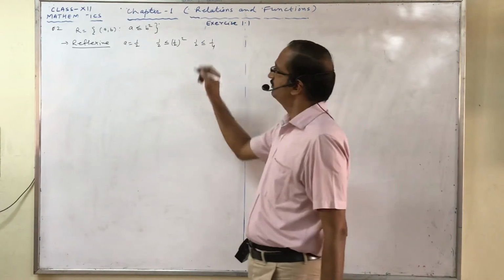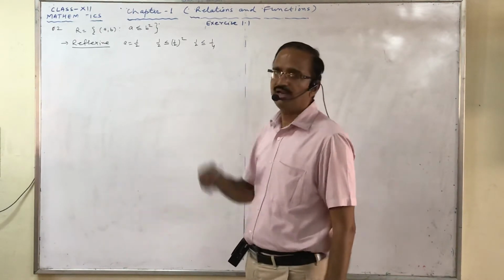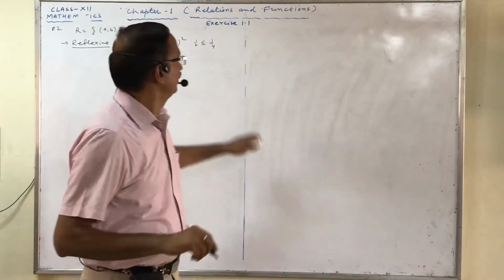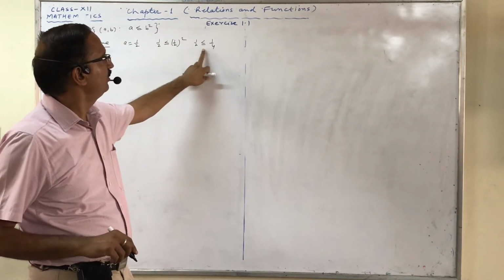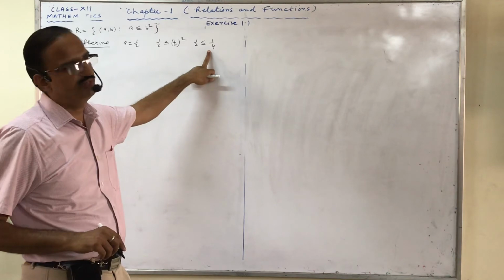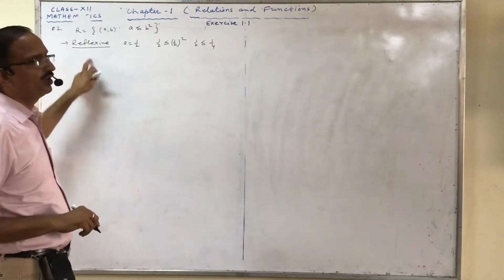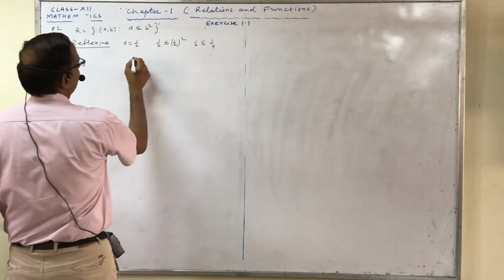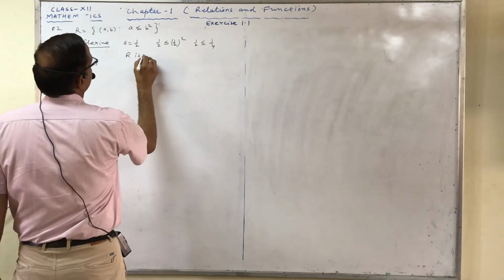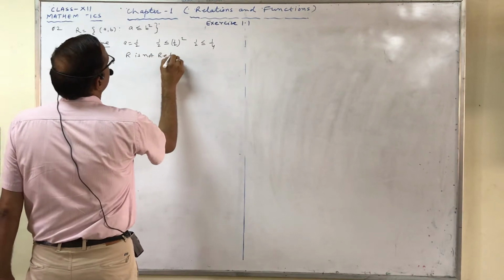It is not equal and not less than. 1 by 2 is neither less than 1 by 4 nor equal to 1 by 4. It means R is not reflexive.